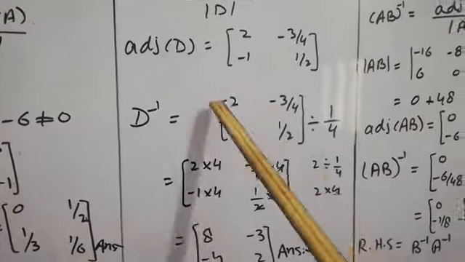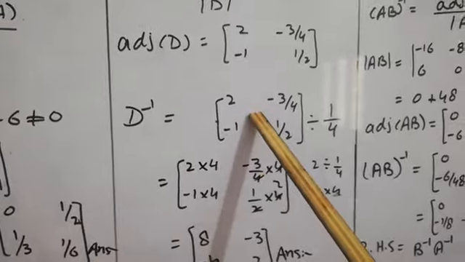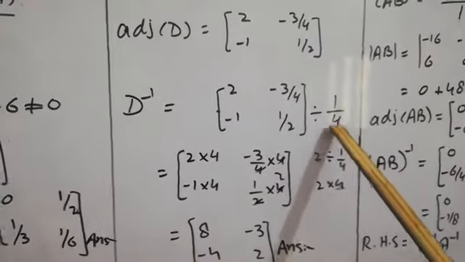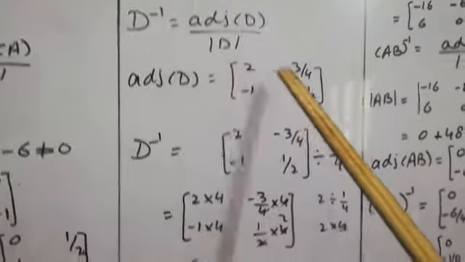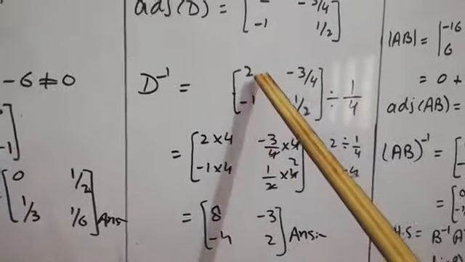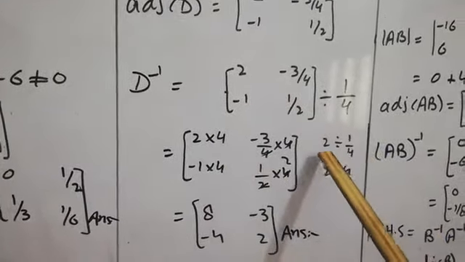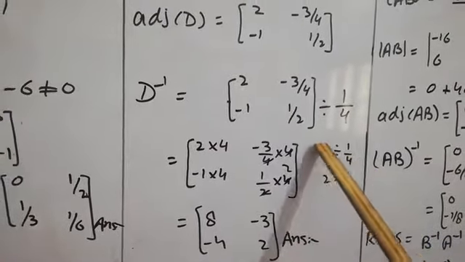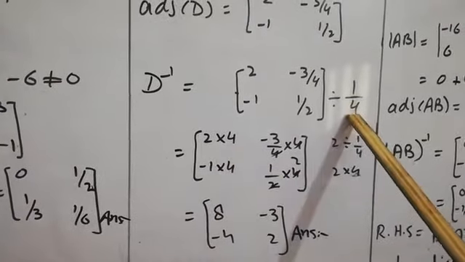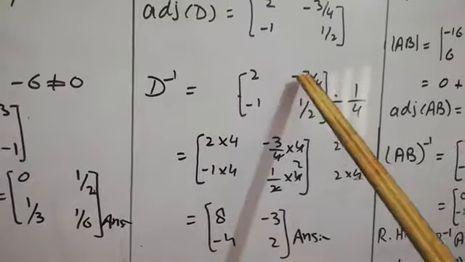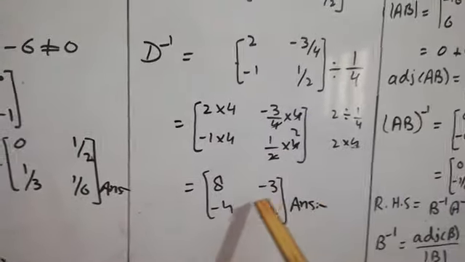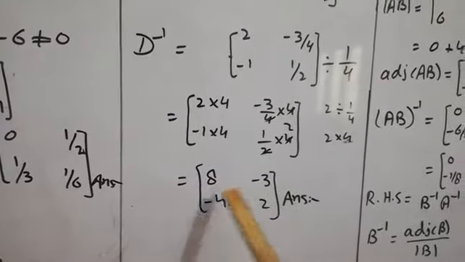We will divide all the values of the adjoint matrix by 1 by 4, because D inverse means divided by 1 by 4, and you know the rule: if we divide, for example, 2 divided by 1 by 4, it becomes 2 multiplied by 4. So we will take the reciprocal of this value, and then we will write 2 multiplied by 4, minus 3 multiplied by 4, minus 1 multiplied by 4, 1 by 2 multiplied by 4, and now we will get the answer: 8, minus 3, minus 4 and 2.